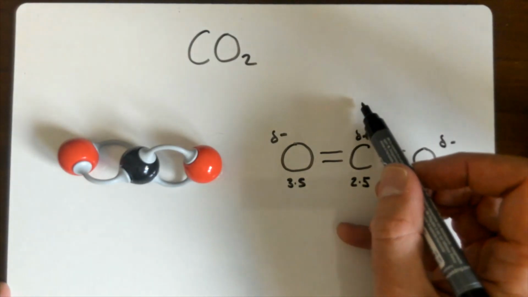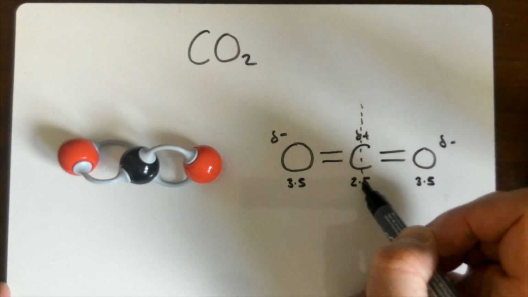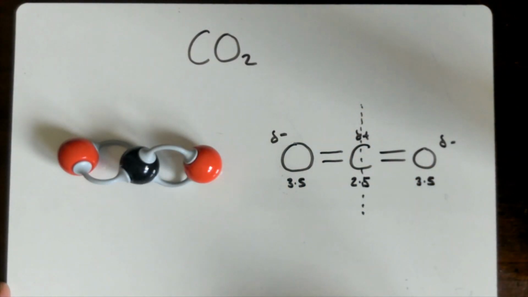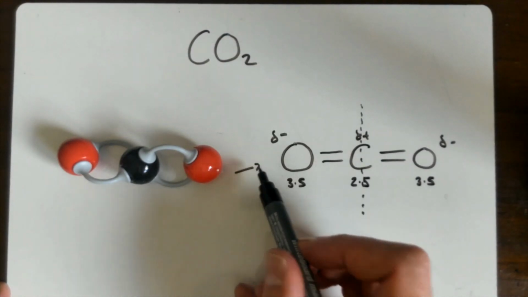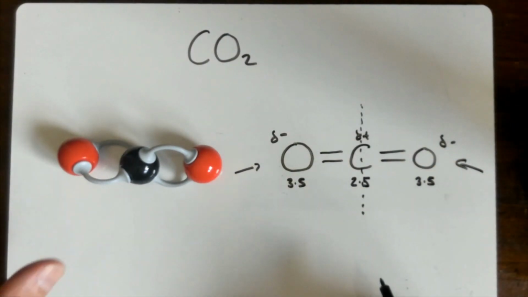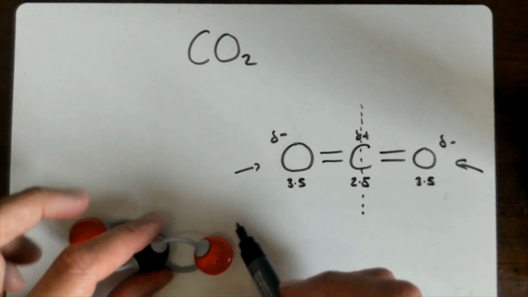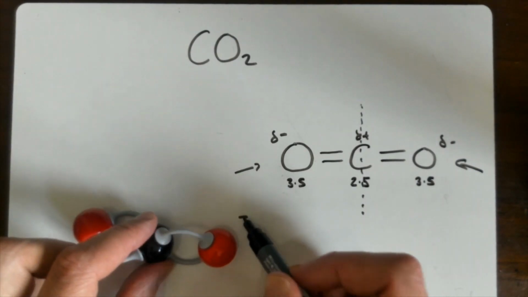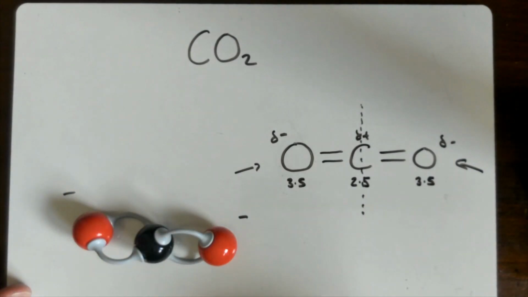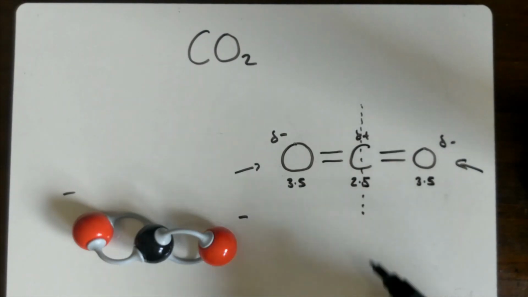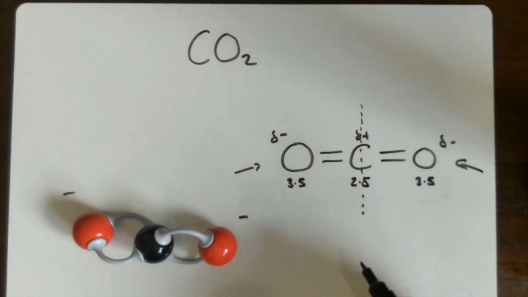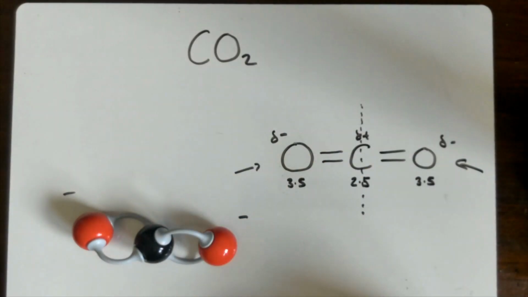Now, one thing to note, like carbon tetrachloride, CO2 is a symmetrical molecule. It doesn't matter whether I approach from this side or this side, there's a negative charge. So if I look at this in this way, you can see it's negative at this side and negative at this side. So because this is a symmetrical molecule, it doesn't have a positive end and a negative end. This is a non-polar molecule overall. So it's got polar covalent bonds, but the overall molecule is non-polar.